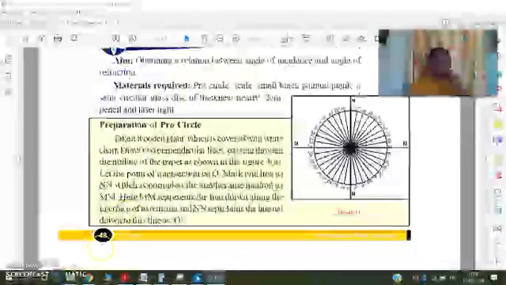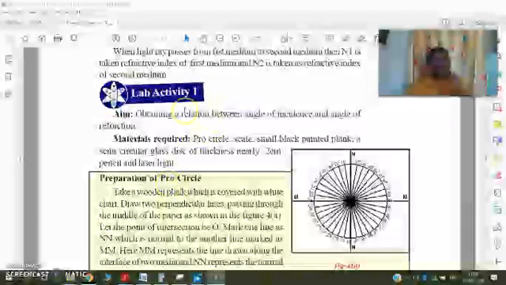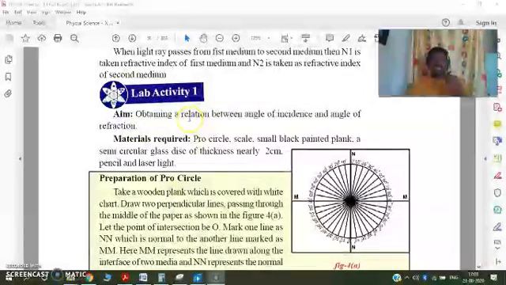That activity is given as lab activity on page 48. The aim is to obtain a relation between angle of incidence and angle of refraction.